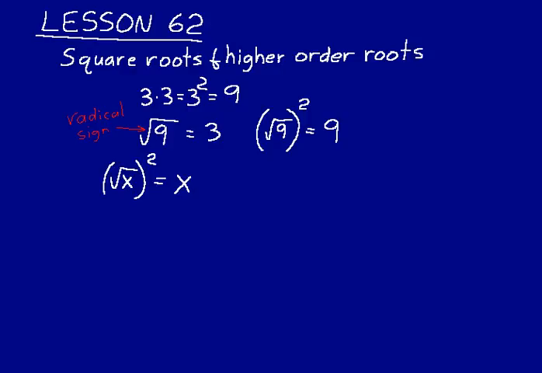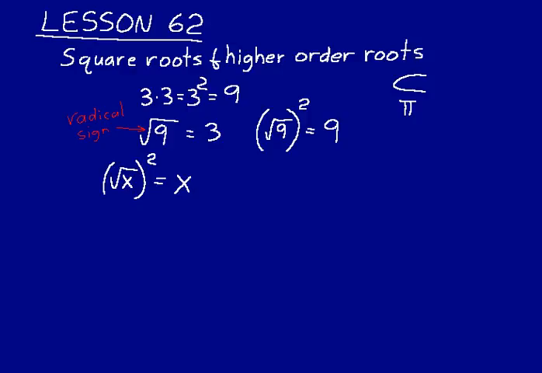Now, a lot of times in math, and in algebra in particular, we use different symbols to help us describe things. Like in Lesson 61, we were just using this symbol here to describe that something is a subset of a certain set. We use the symbol pi to represent the value 3.14.